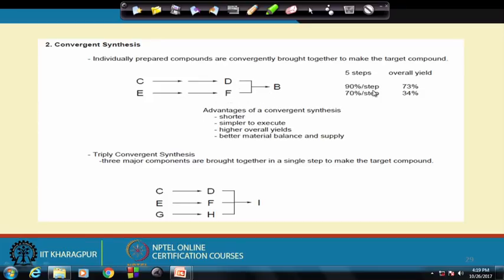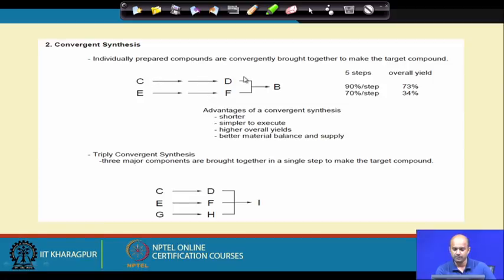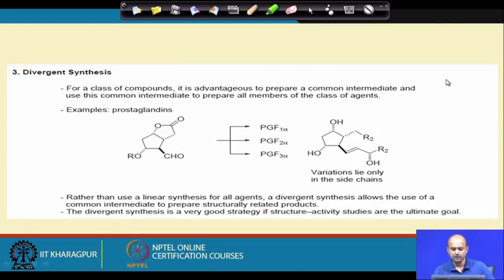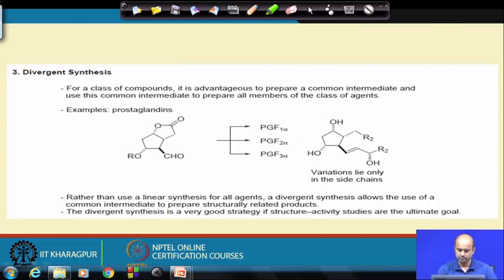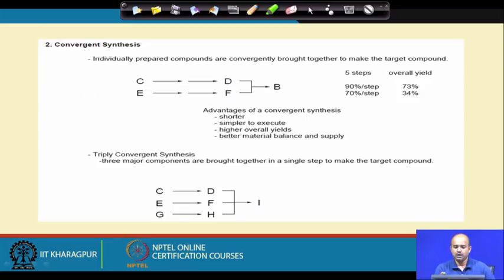So, your effective overall yield is now increased, because 0.9 into 0.9 is 0.81, then 0.9 is 0.72. So, the yield is now 73%, quite a different ball game. So, it is always advisable that you follow a branching pathway or convergent pathway.